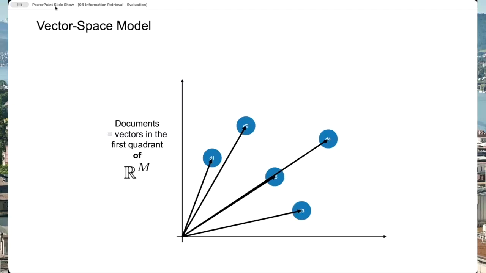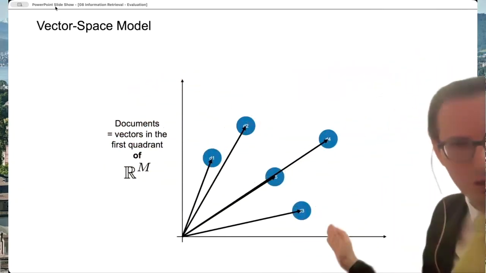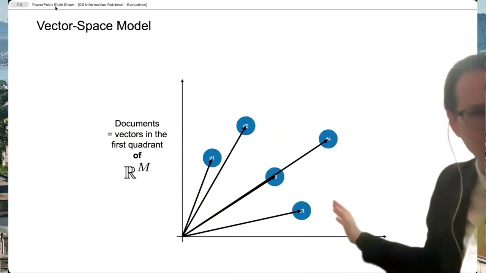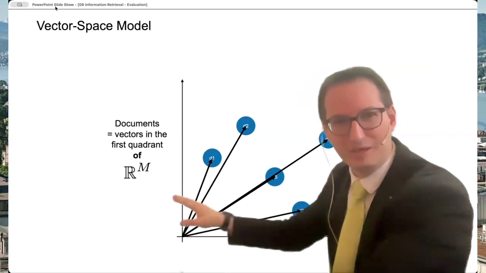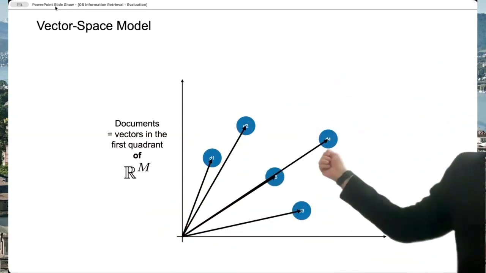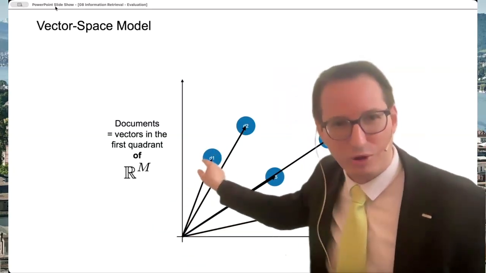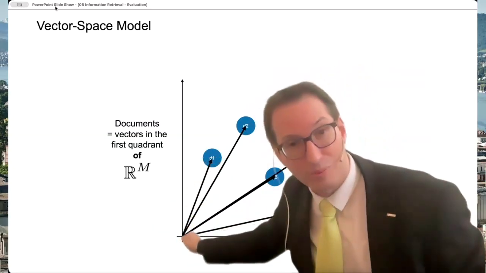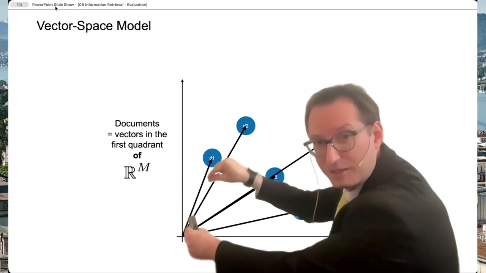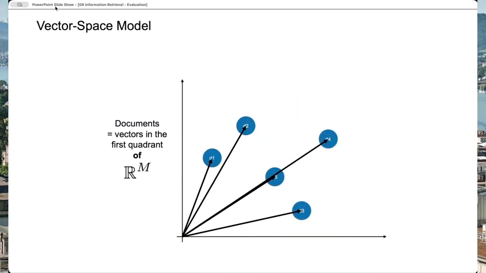I can say this as a parenthesis, but there are theories of physics where the universe is actually some sort of holographic projection of some higher dimensional universe, and we just see the rays that come from the origin, right? So it's projective. But anyway, you really have to look at the documents as vectors that come from the origin, and the similarity as the scalar products between these vectors.